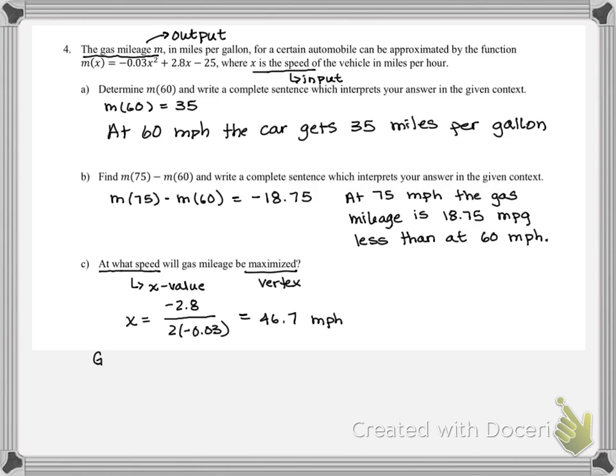So gas mileage is maximized at a speed of 46.7 miles per hour.